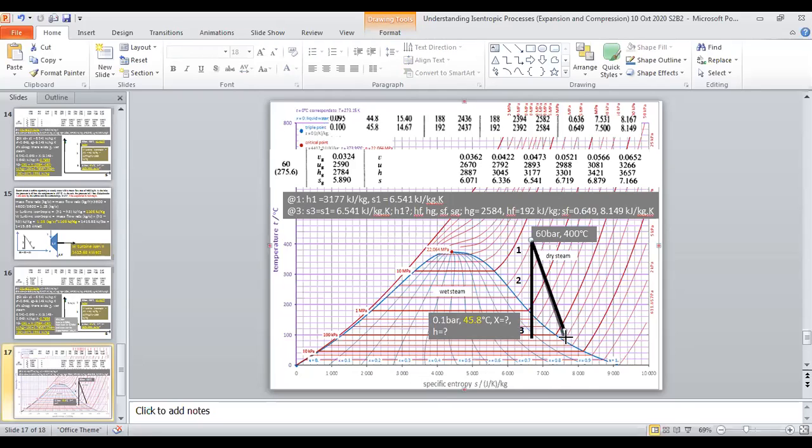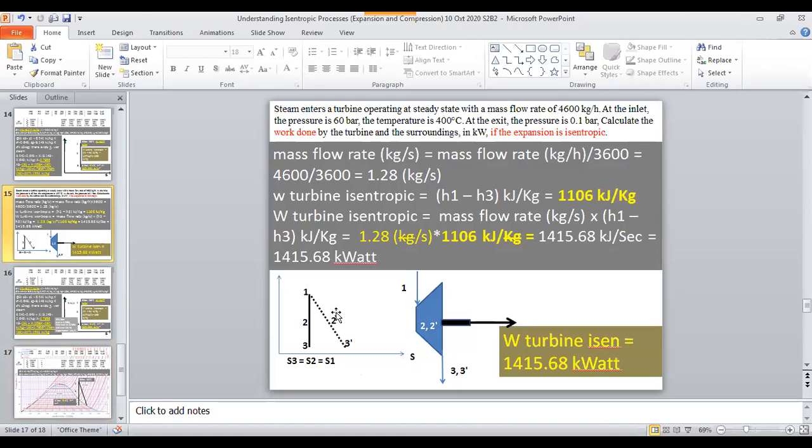So the pressure is still low but the entropy is high, and the exit point 3 is like this, something like 2 dash and 3 dash.